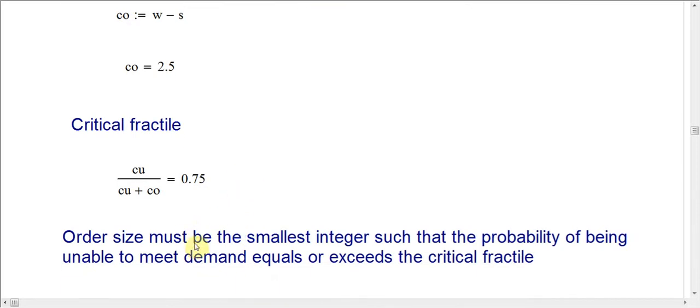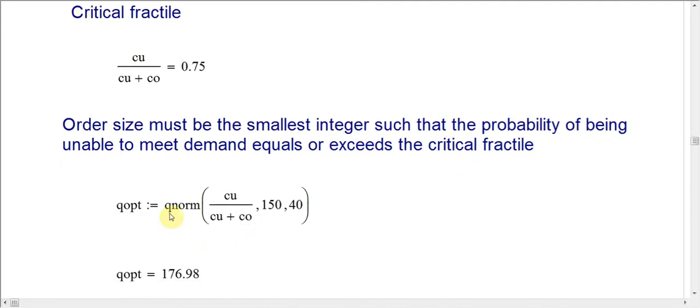Now the optimum size, as we saw earlier in the previous lecture, is the smallest integer such that the probability that we cannot meet the demand is equal to or exceeds the critical fractile. So we should order so that the probability of being unable to meet the demand is equal to this critical fractile.